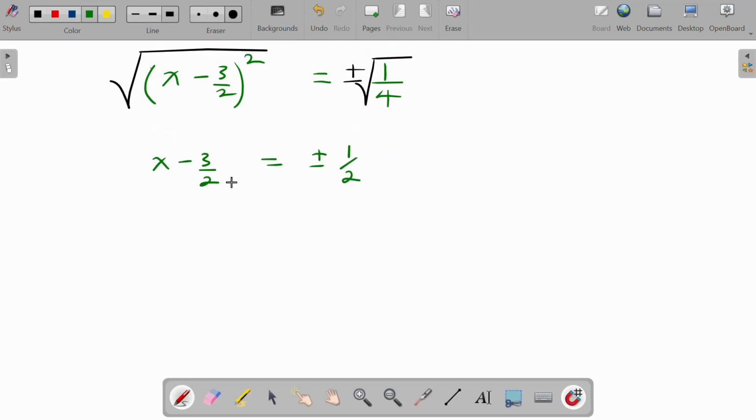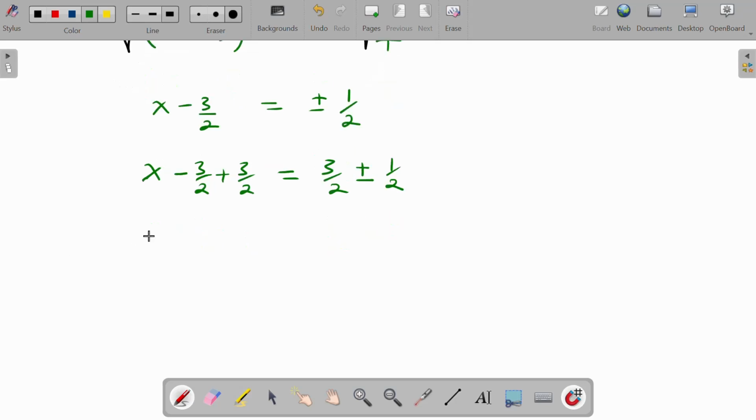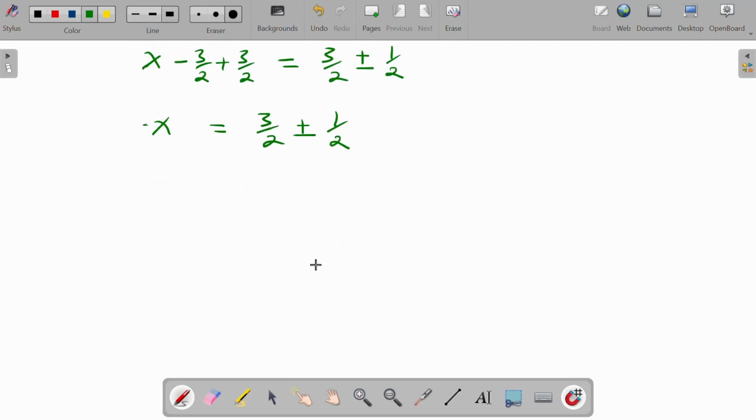So let's now cross over the sides. We are going to have our x minus the 3 out of 2 plus 3 out of 2, equals to the 3 out of 2 plus or minus a half. So we are having our x equals to 3 out of 2 plus or minus a half. So we are going to say that either x is equal to 3 divided by 2.